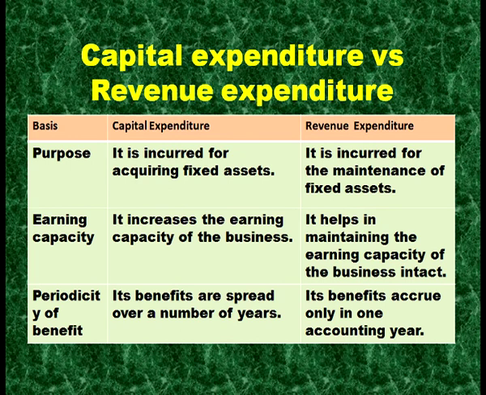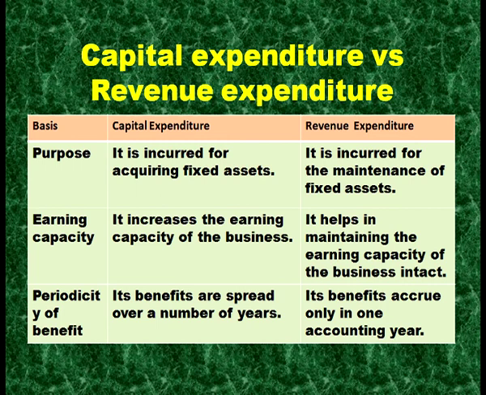After that, if you spend some amount on repair and maintenance or for whitewashing that cinema hall, then it becomes a revenue expenditure. If you see the earning capacity, capital expenditure increases the earning capacity of the business, whereas revenue expenditure helps in maintaining the earning capacity of the business intact.